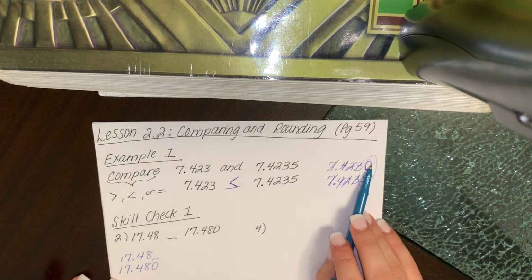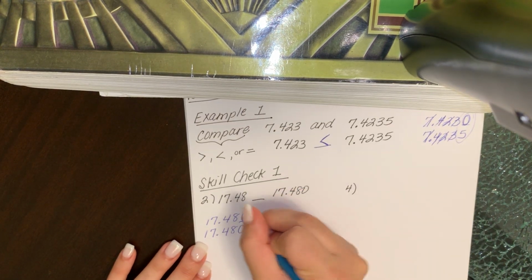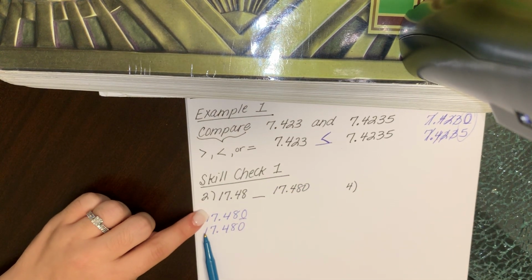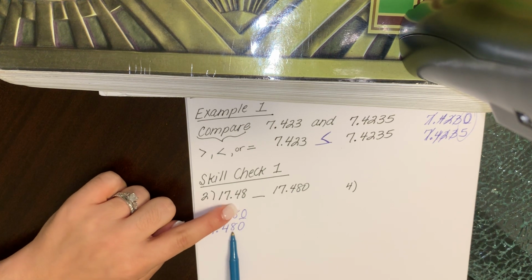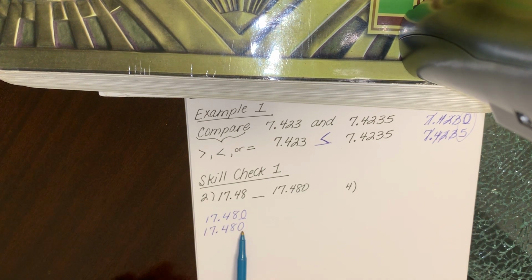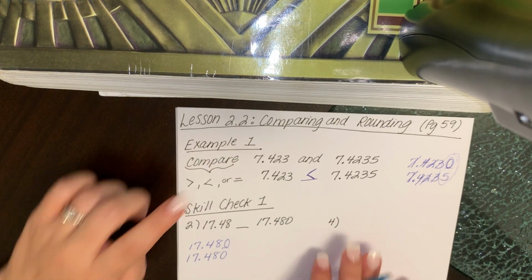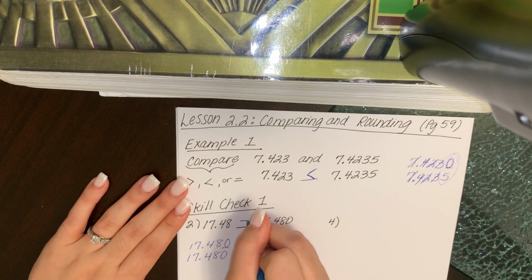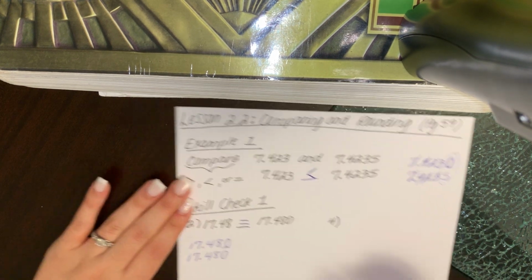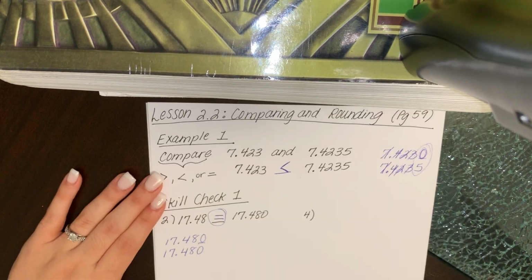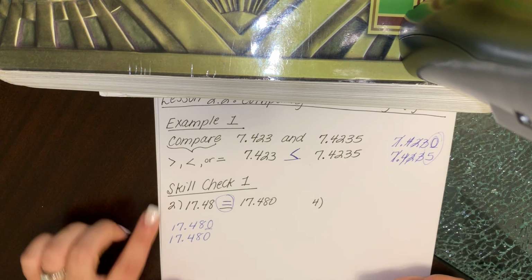Well, just as we did over here, we can put a 0. And if you look at it, these guys are exactly alike. So we don't need a greater than or a less than sign. We are going to put an equal to sign.